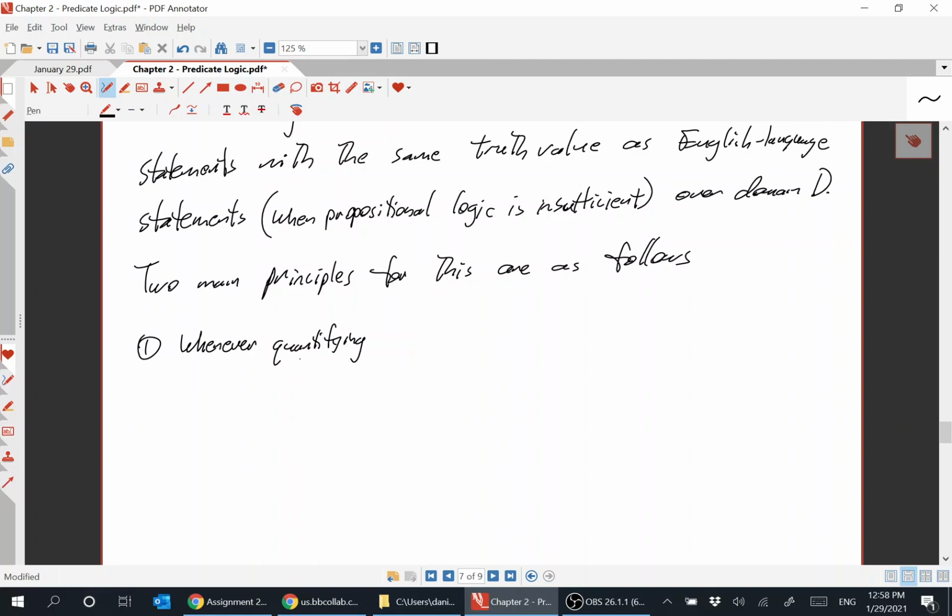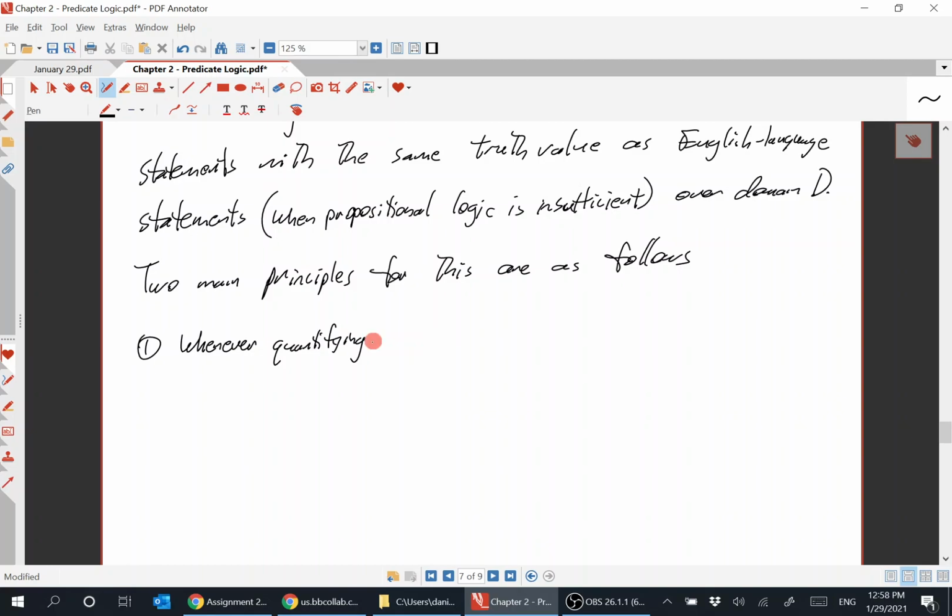But typically you're going to talk about some subset of those numbers, like the integers or the positive integers. Or if you're talking about the whole universe, you're going to be talking about some subset of that. Well, all people in the universe like chocolate, something like that. You're actually talking about people, not asteroids and things like that.